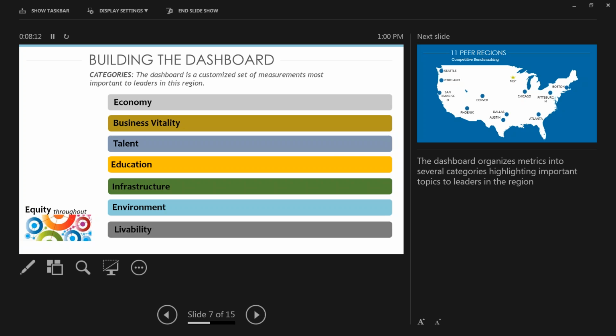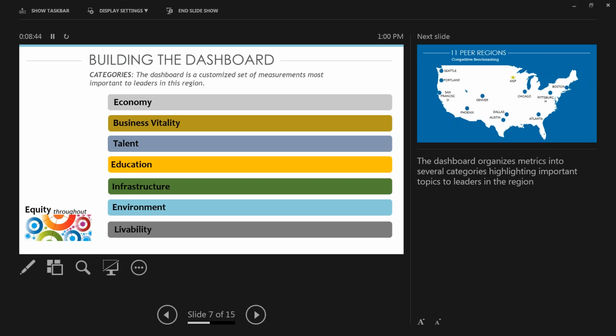So the categories we have: the economy, this overall measure of how the regional economy is doing. Vitality, which focuses more on venture capital, for example, the capital or resources in a region to help create new jobs and businesses for people. Talent, migration, education graduation rates. H-1B visas, for example, are how many percent of increase we have on those.